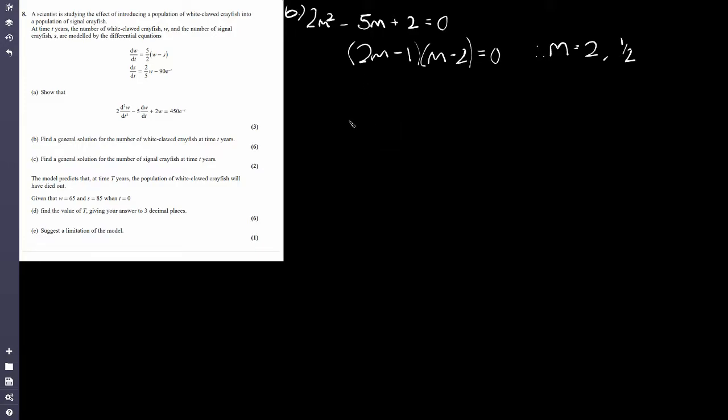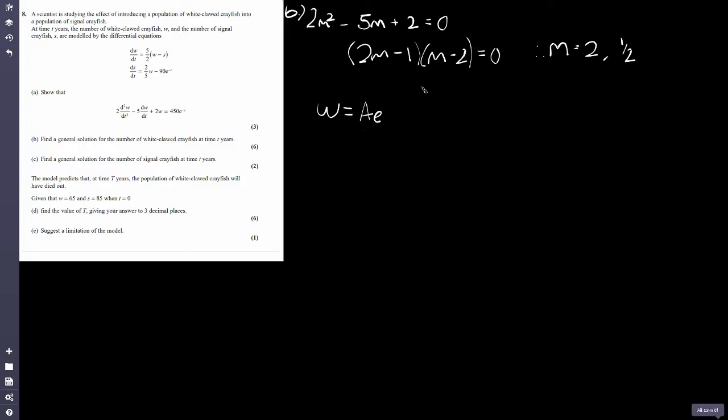So straight away we can write w. Remember, you judge your complementary function based off what your values for your auxiliary equation come out as. For this one, it's just going to be A e. And remember, this A is just a variable here.